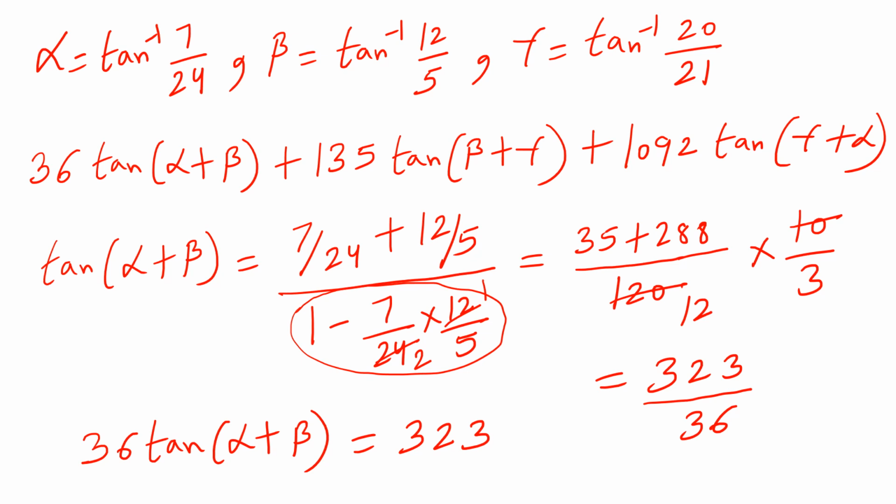Now we find the value of 135 into tan of beta plus gamma. So tan of beta plus gamma is nothing but tan beta plus tan gamma divided upon 1 minus tan beta into tan gamma.